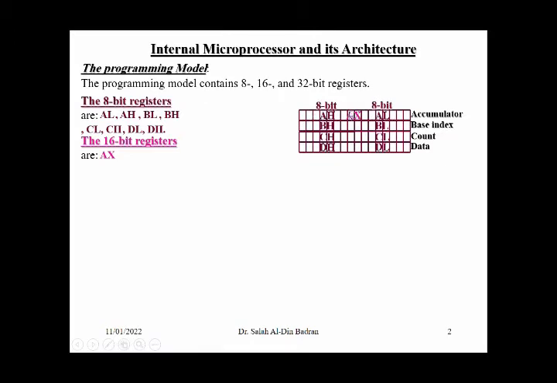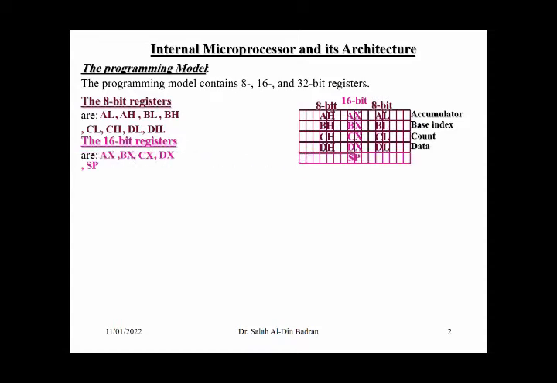We call it AX when we want to use it as a 16-bit register. The same thing for the other registers. So 16-bit registers: BX, CX, the count register, and DX, the 16-bit data register.